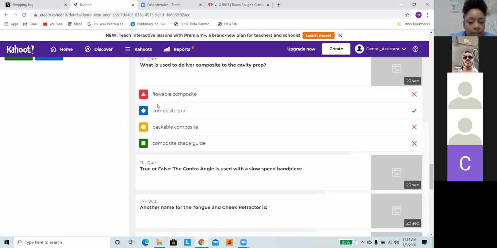Yes, composite gun. Mackenzie said that. Okay, good job, Mackenzie. Five points to Mackenzie. Remember that little pellet we have that has the packable material? In order to get it out, we have to connect it to the composite gun.